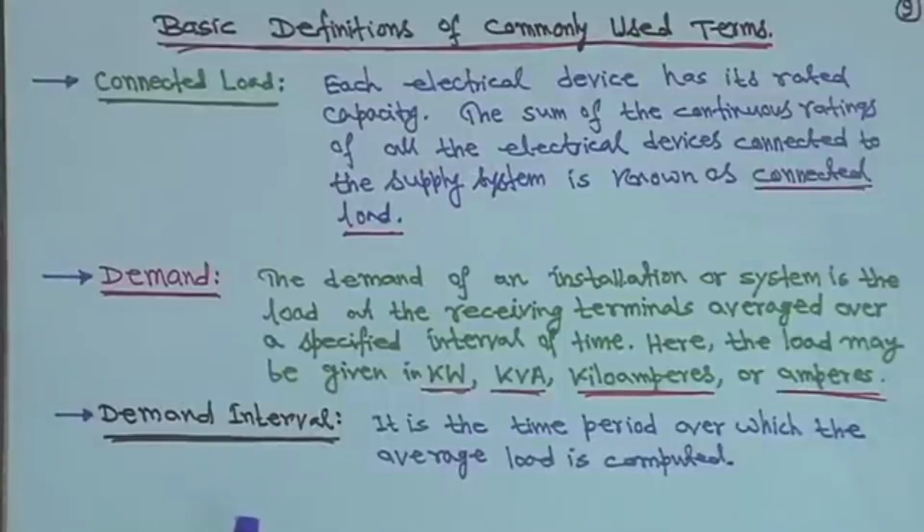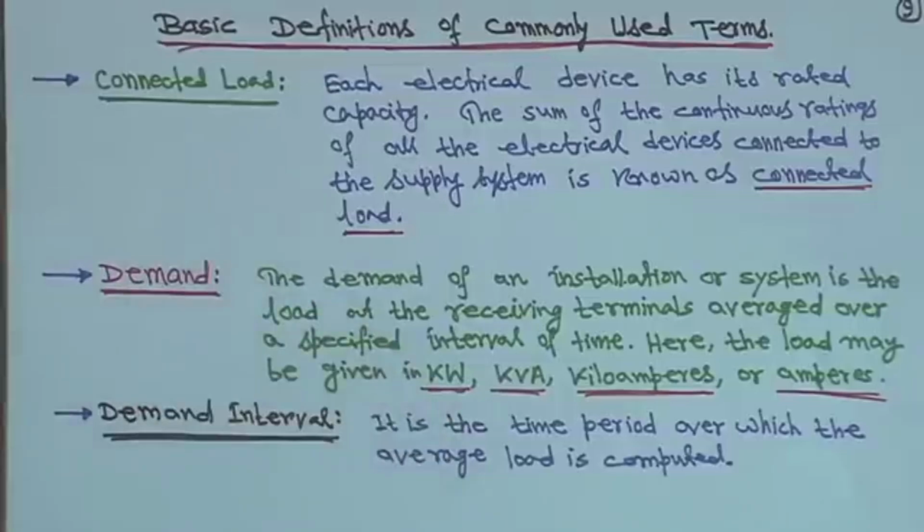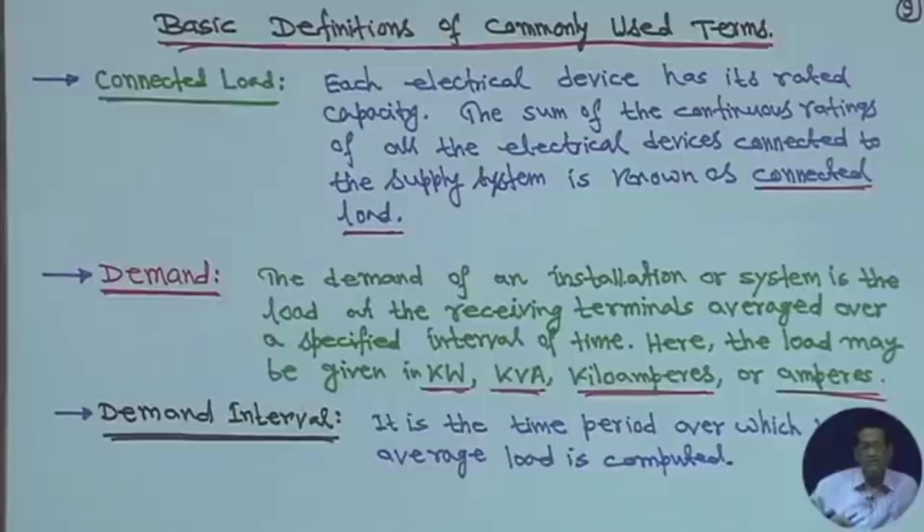Next is the basic definition of commonly used terms. First, the connected load. You can apply common sense here. Every electrical device or component has its own rated capacity.